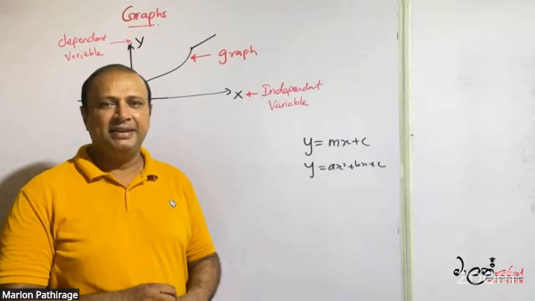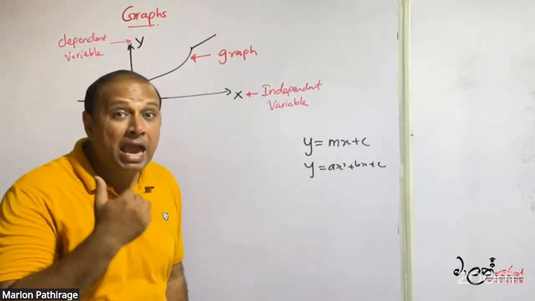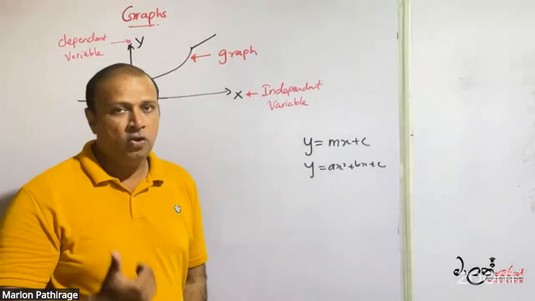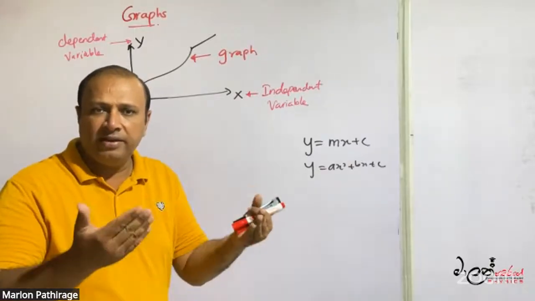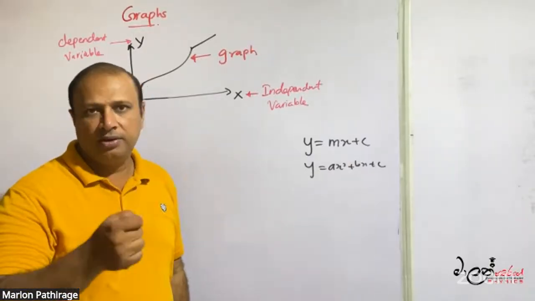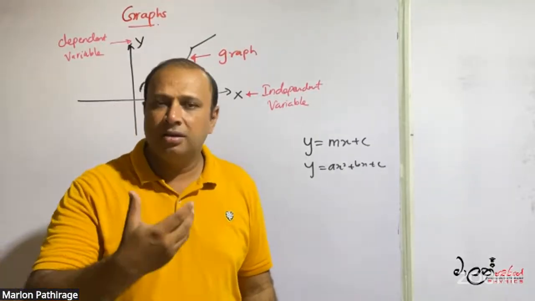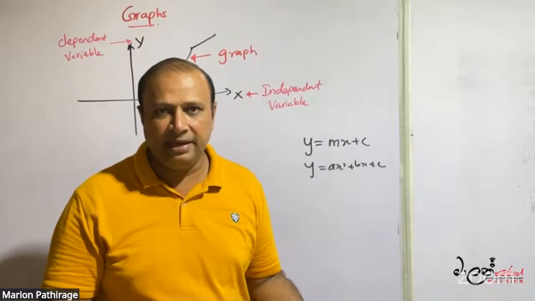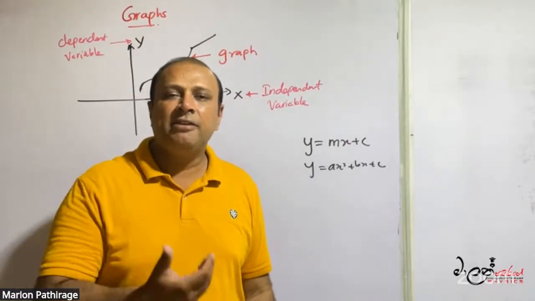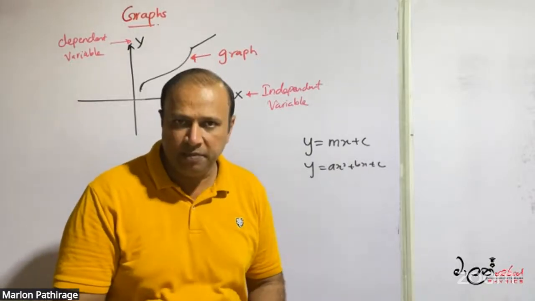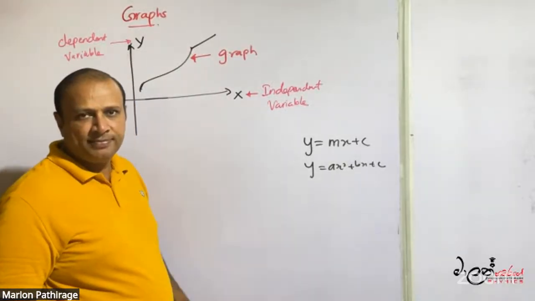Definitely we have to have a relationship between two variables to draw a graph. Variables means those are not constant values. Maybe they can have constant values today, but variable means that value can be changed. The value of x can be changed as well as the value of y.